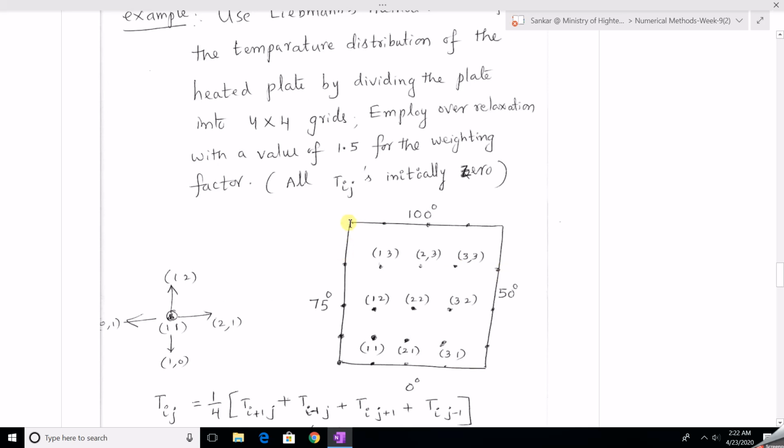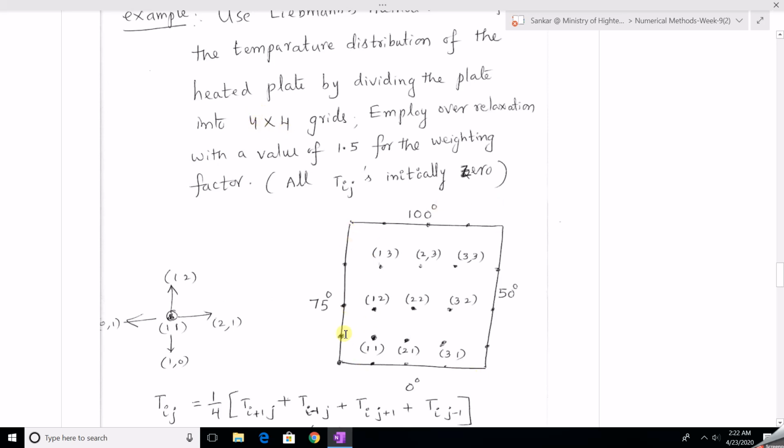Here this point is 0,4, and this is 1,4, this is 2,4, this is 3,4, and the last point will be 4,4. Therefore the total plate is divided into a 4 by 4 grid and we find all these points.